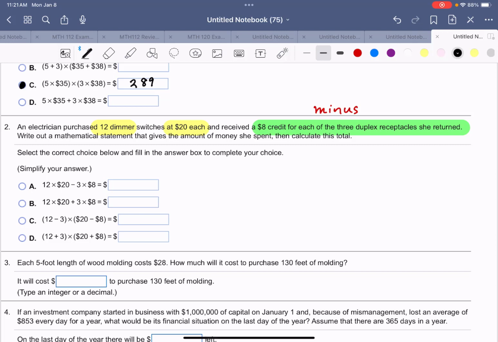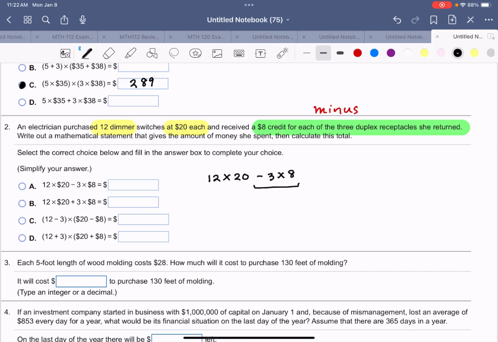Write out a mathematical statement that gives the amount of money she spent, then calculate the total. So the first thing she did is she bought 12 at 20 each, and from that she took back 3 at 8 each. And because she took it back, it has to be a minus.